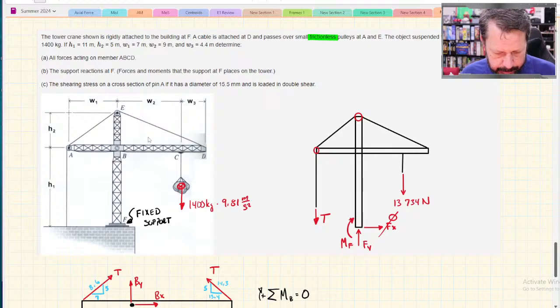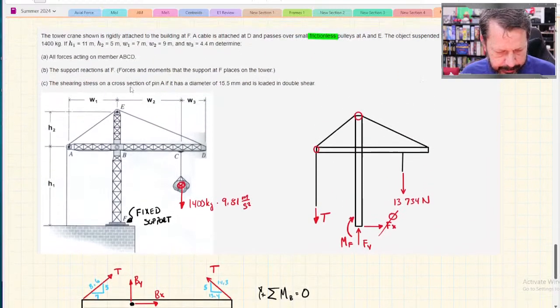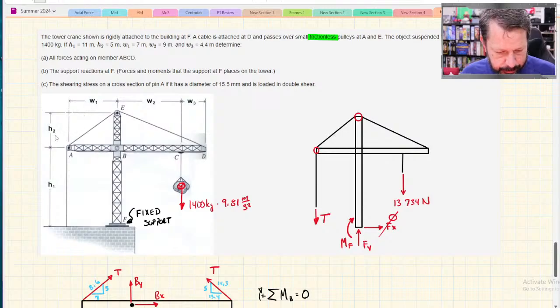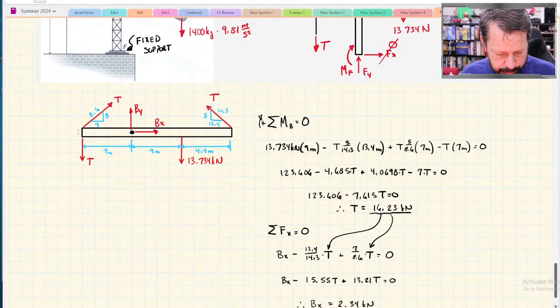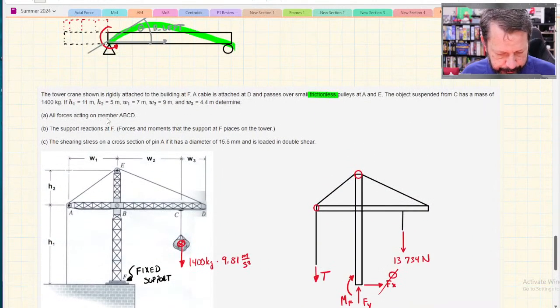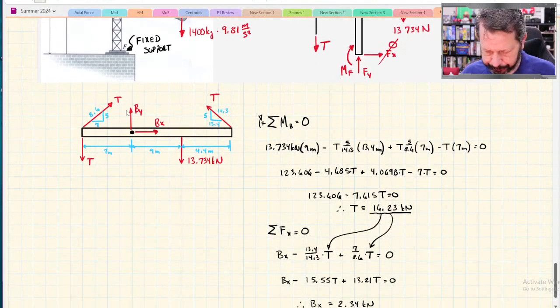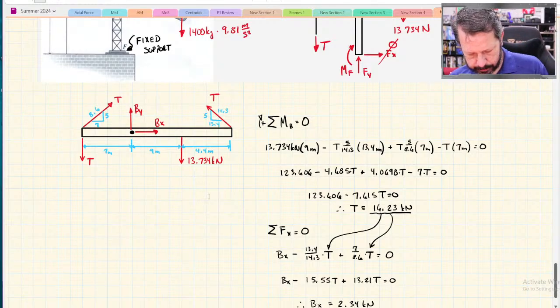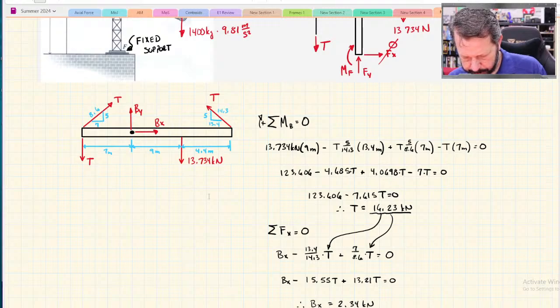Let's see. W2 is 9, 4.4 for W3. That's fine. W1, H2, 5 and 7. Those all look fine. I don't know. These seem okay to me.